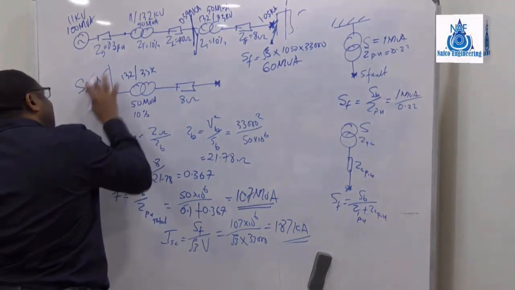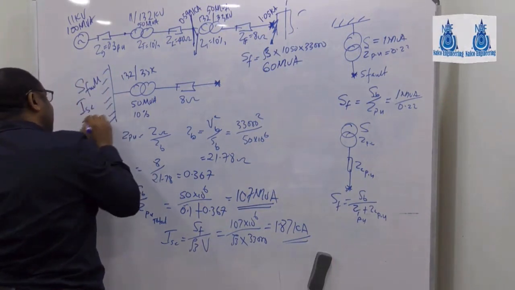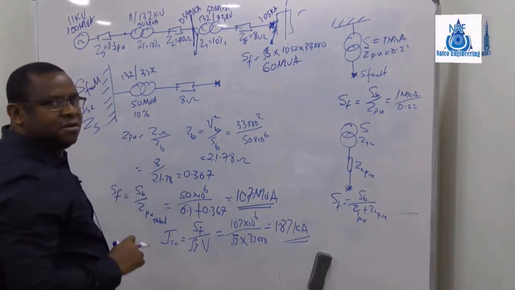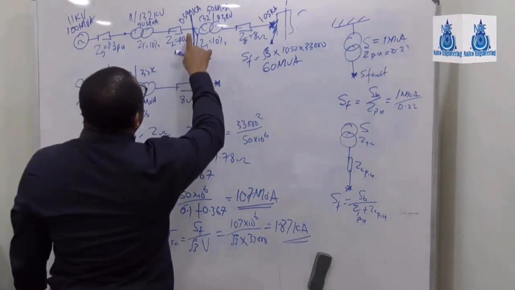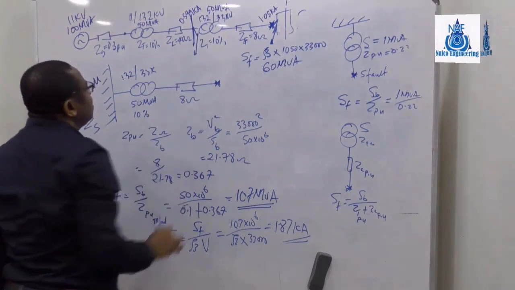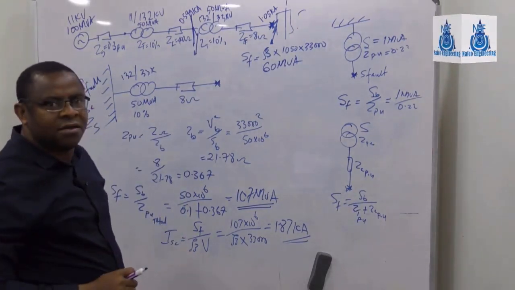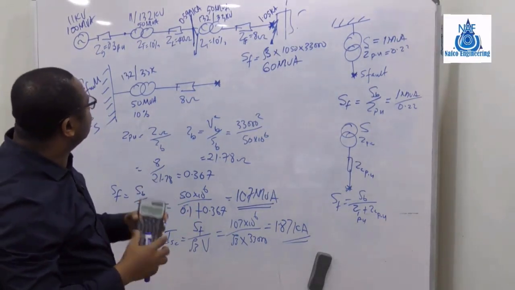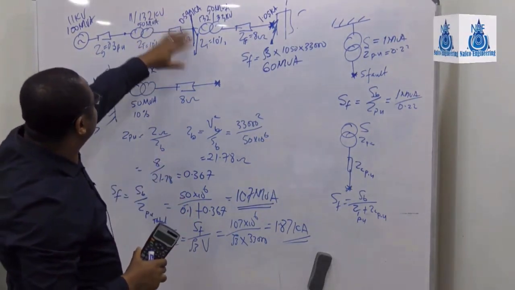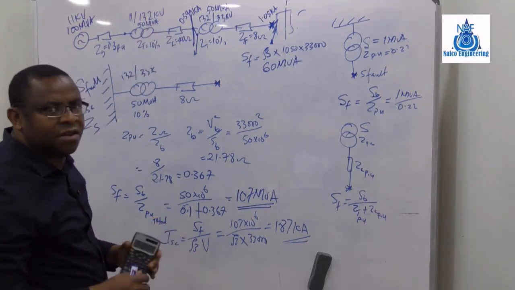Sometimes, if they don't give you this, they can give you the short circuit current, or they can give you the ZS. Any of these. So let's assume, what did we get as the short circuit current? We got 0.599 kA. All right, but you need to know at what voltage. The voltage here is 132 kV.